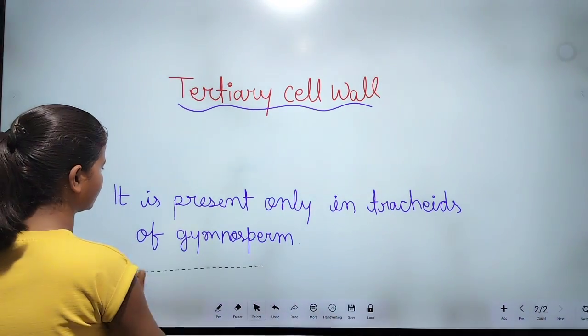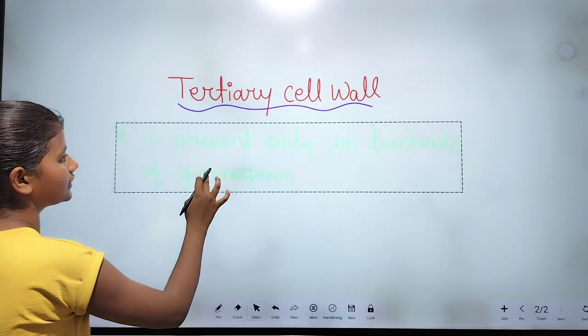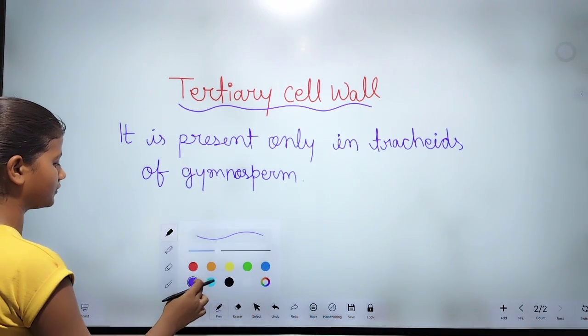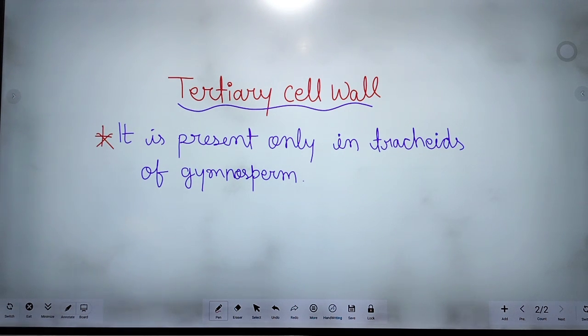Okay, so tertiary cell wall is only present in the tracheid of gymnosperm.